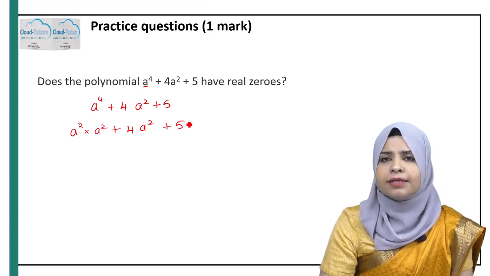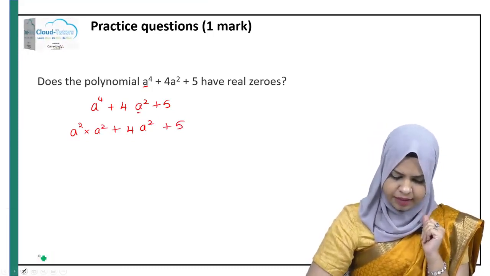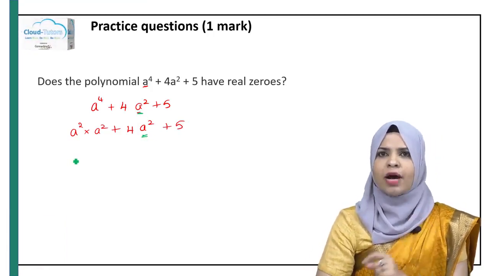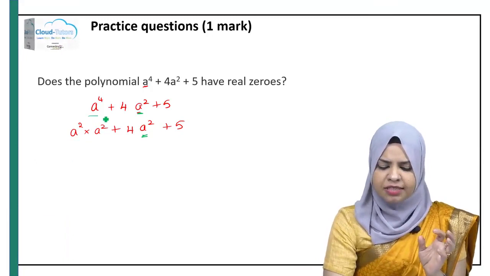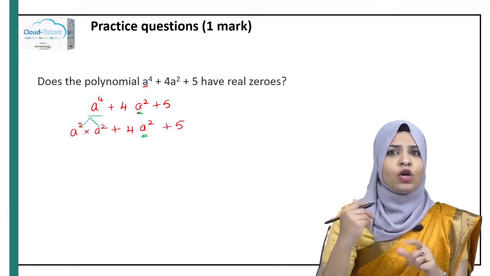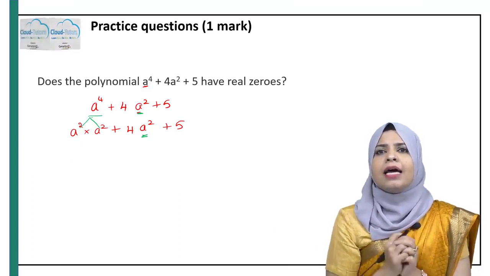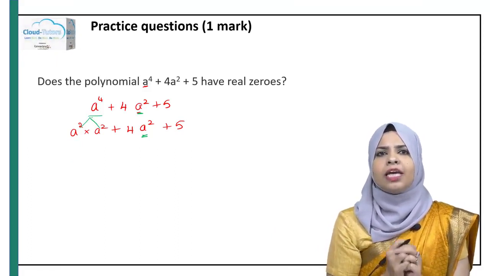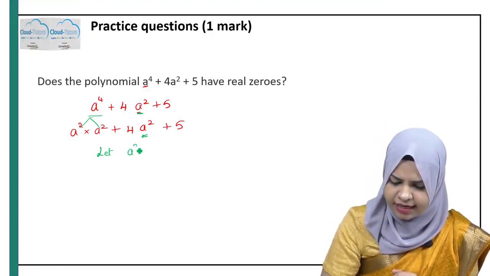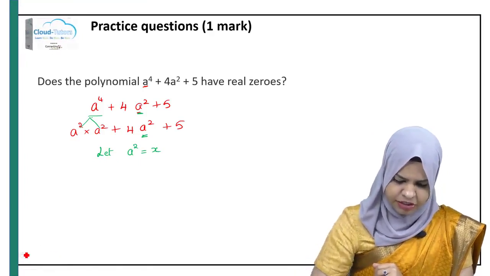Why did I do that? Because observe here, I had a term a square here, right? So I have split this first term as a square into a square. You will know in a second why I did that. Here I can say let a square be equal to x. So I'll make an assumption, let a square be equal to x. So what happens to the expression now?